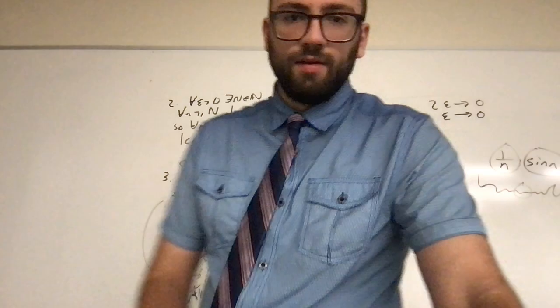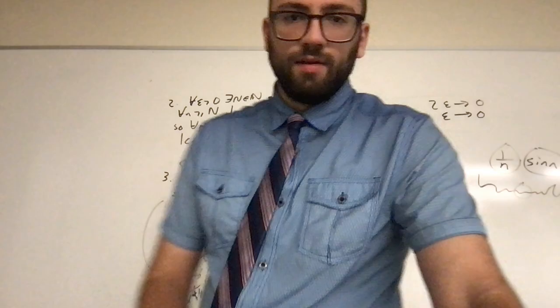So for one, xn approaches a is the same thing as for all epsilon greater than 0, there exists a natural number N such that for all n greater than or equal to N, absolute value of xn minus a is less than, and I'm going to do epsilon over 2.